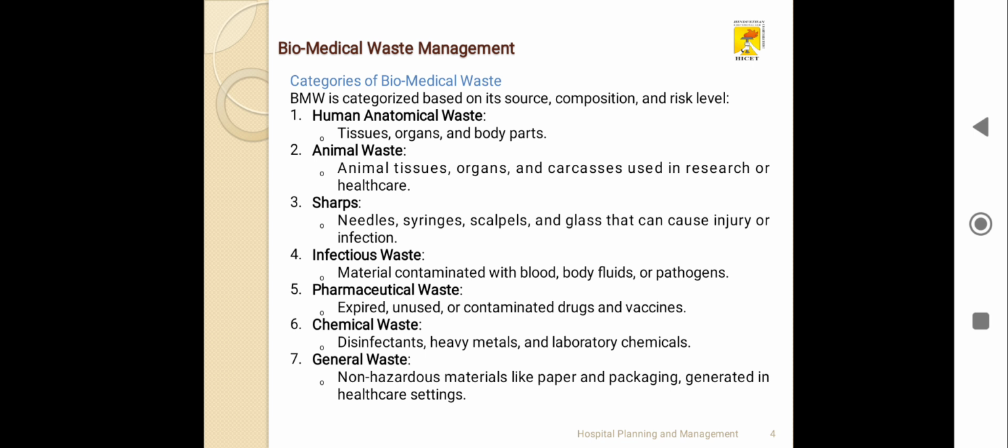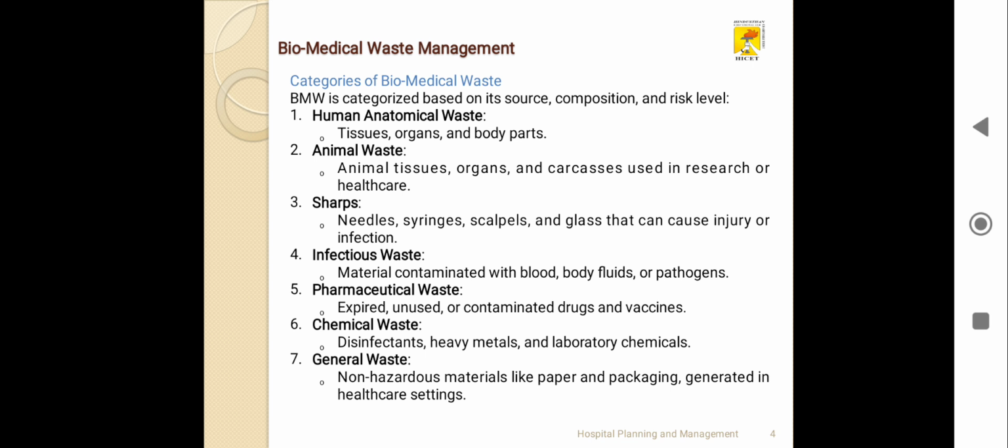Let us see the categories of biomedical waste. Biomedical waste is generally categorized into human anatomical waste. What is human anatomical waste? Tissues, organs, and body parts.